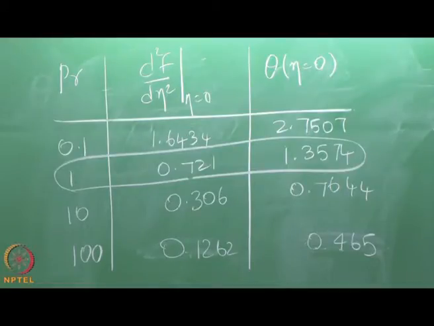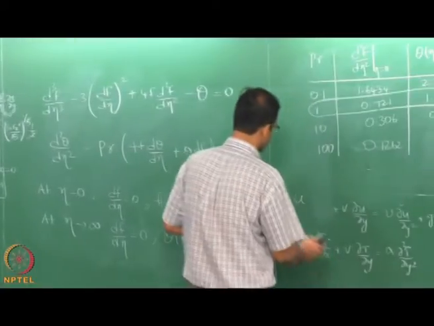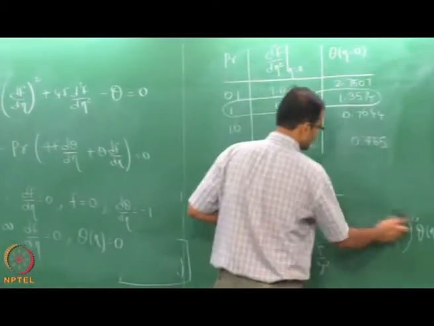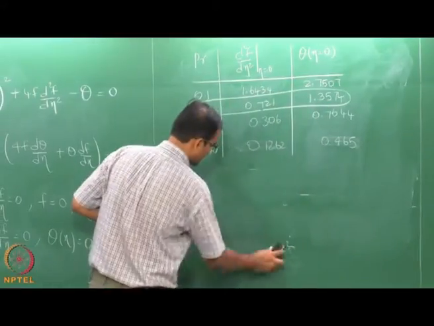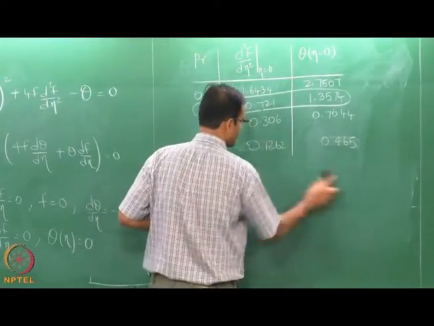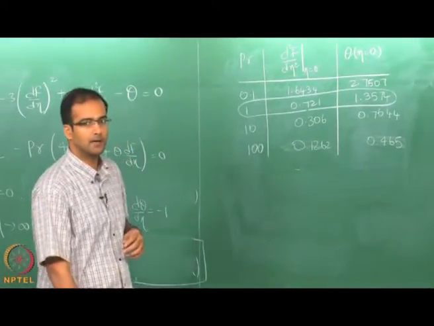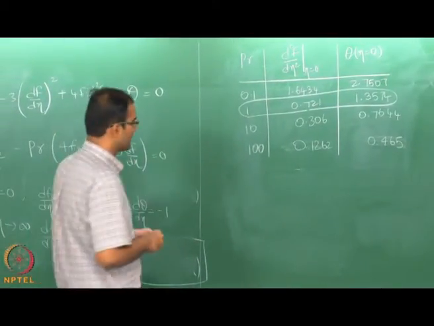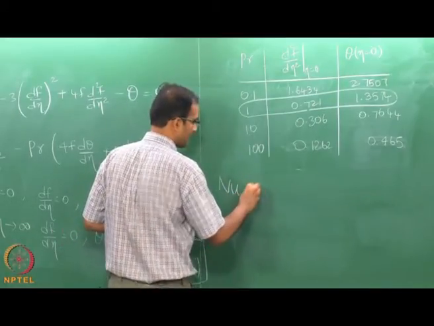So, now having known theta at eta equal to 0, how do you calculate the Nusselt number? We have to finally derive an expression for the Nusselt number as a function of the modified Grashof number and Prandtl number. So, how do we get the expression for the local Nusselt number?